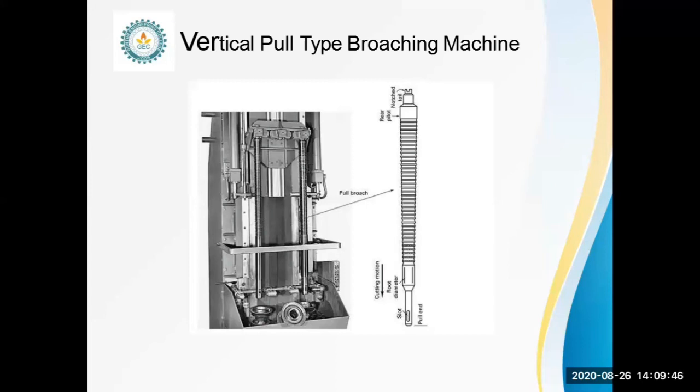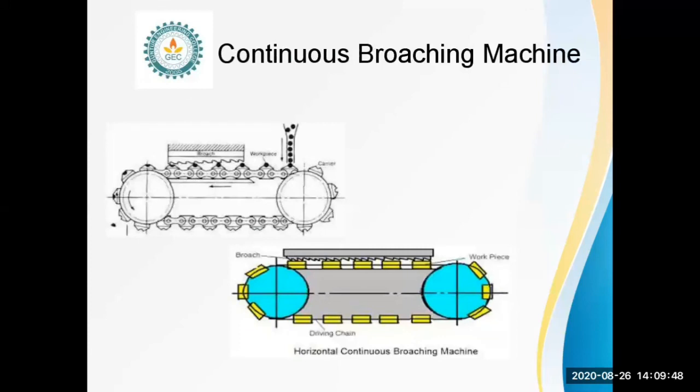The next one is continuous broaching machines. In continuous broaching machines, we can construct a rotary table continuous broaching machine and a horizontal continuous broaching machine. Here we can see the horizontal continuous broaching machine. In horizontal continuous broaching machines, the work is held in fixtures which are mounted on an endless chain.